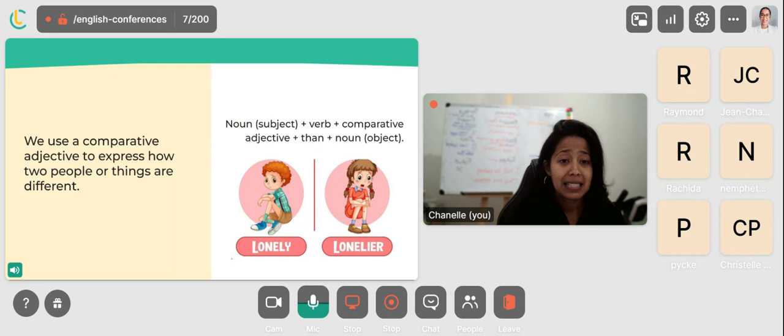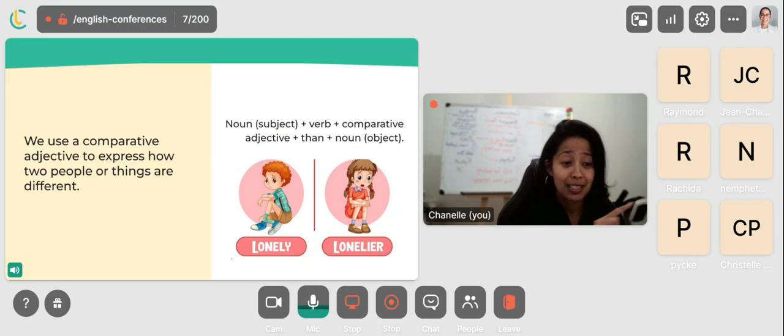So before we discover the comparative, just to give you an example, we can say she is lonelier, as you can see in the picture, than the noun. So we've got this entire sentence. It is the noun plus the verb plus the comparative adjective plus than plus noun.